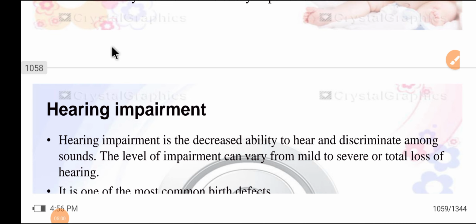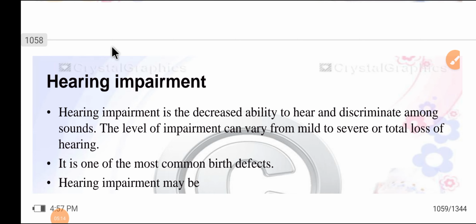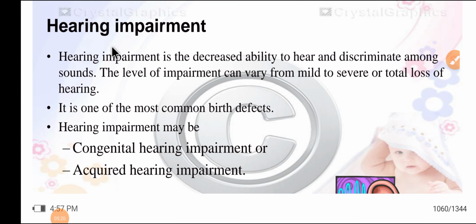Hearing impairment is the decreased ability to hear and discriminate among sounds. The level of impairment can vary from mild to severe or total loss of hearing. It is one of the most common birth defects. Hearing impairment may be congenital or acquired.